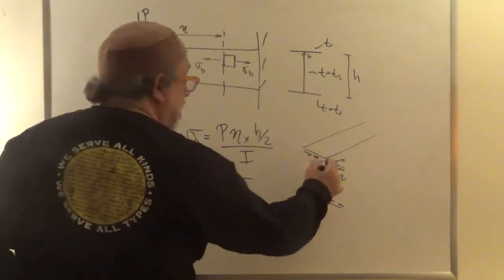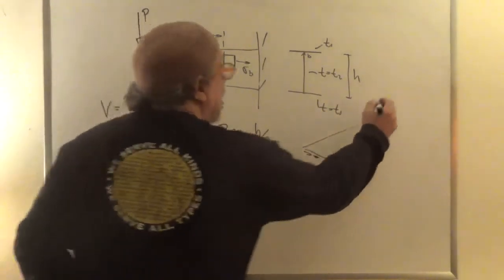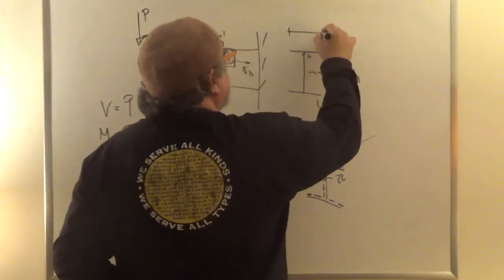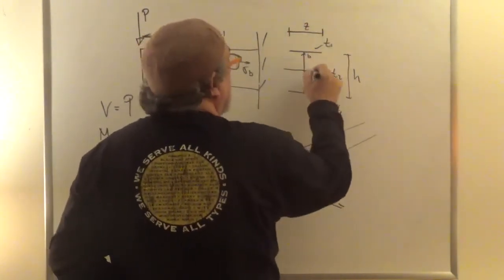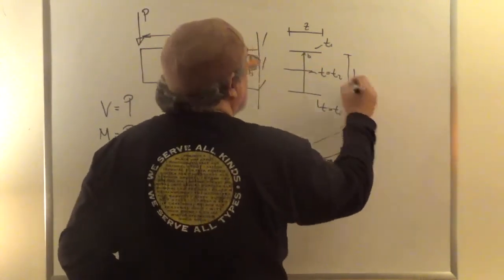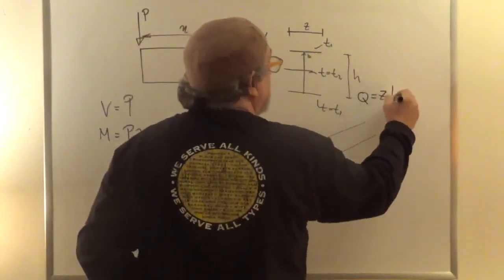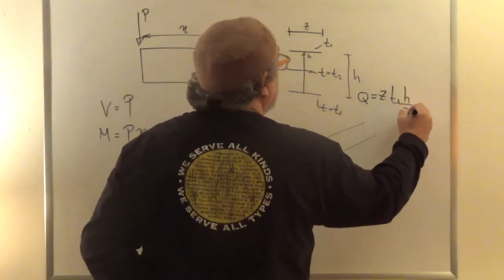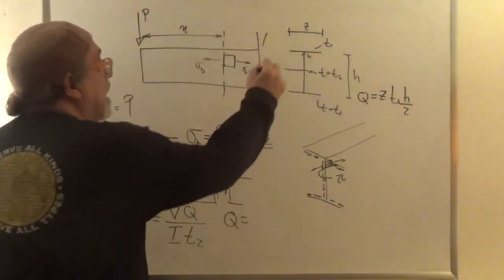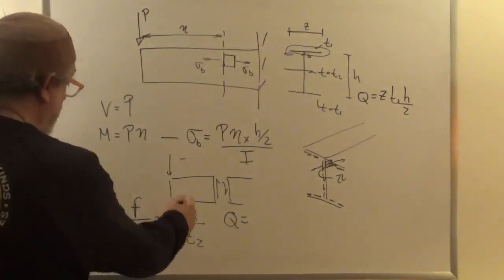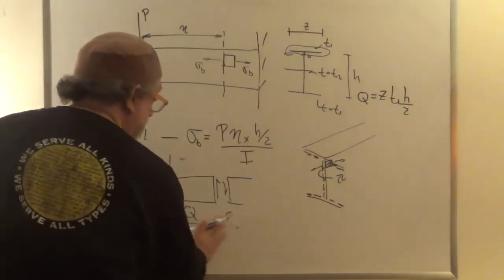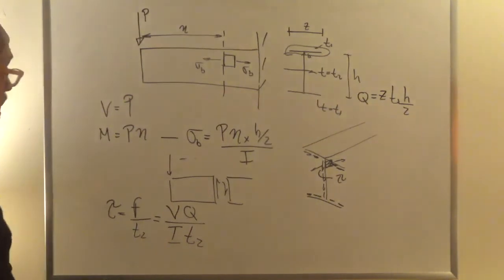Well, the Q there in the cross section, if that distance is Z, is just Z times T1 times H over 2, right? Because I take a look at this cut here, and that's my Q. So I put it in here, I put my Q, I put my I, and so on, and get a shear stress.